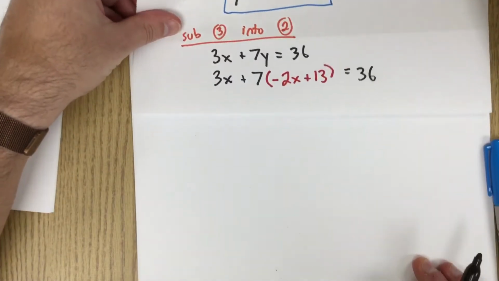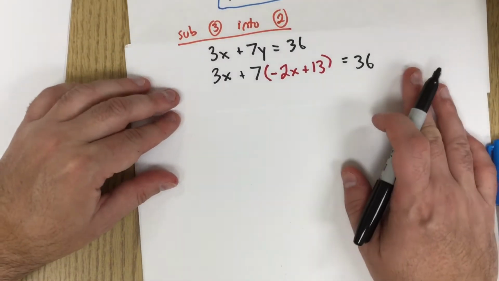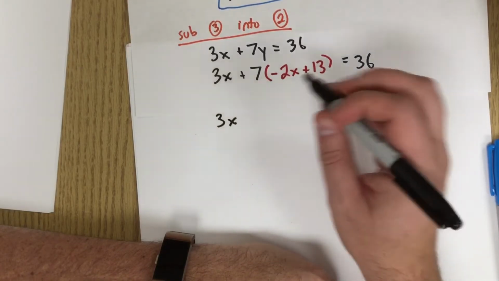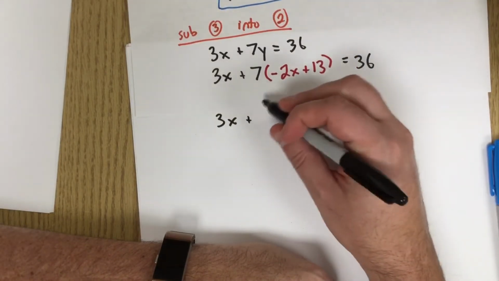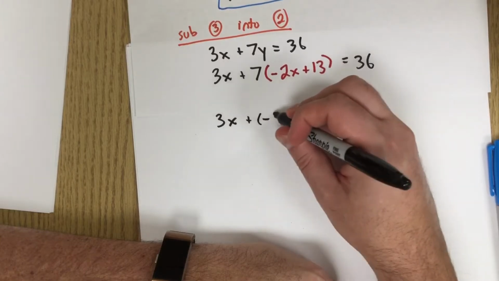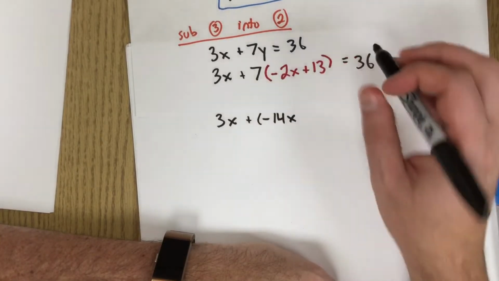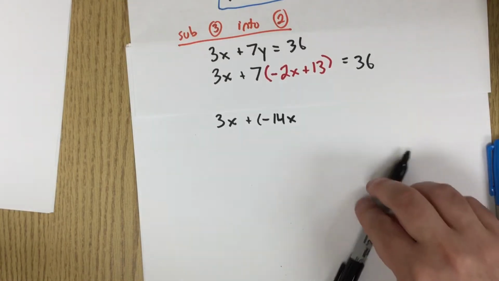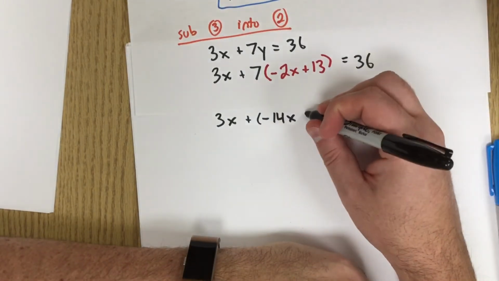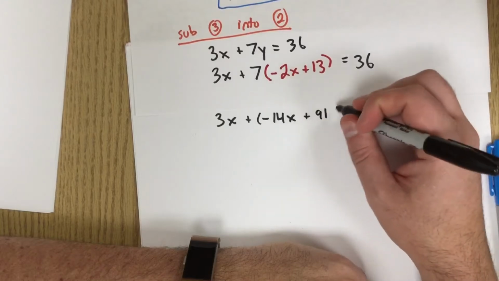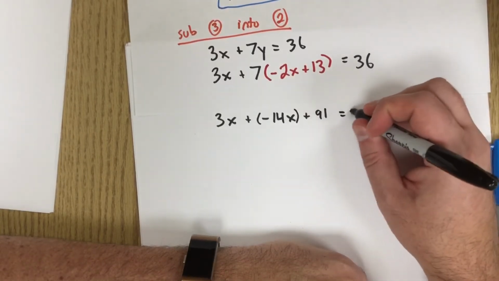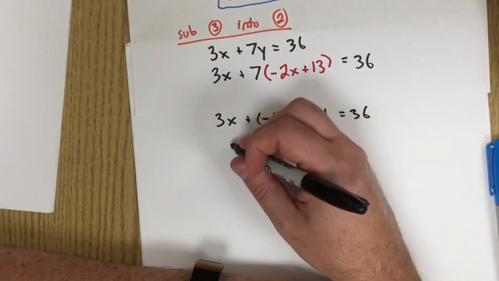Now, we should actually go and solve this thing. So we're going to distribute that. So 3x plus minus 14x, and 7 times 13 is 91, equals 36.